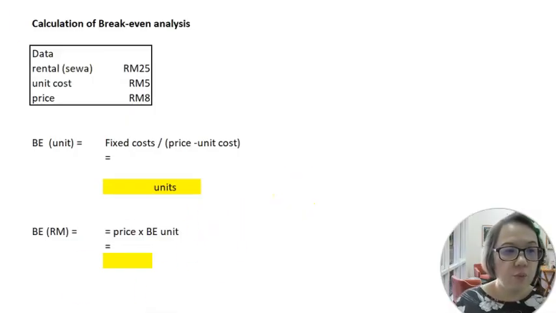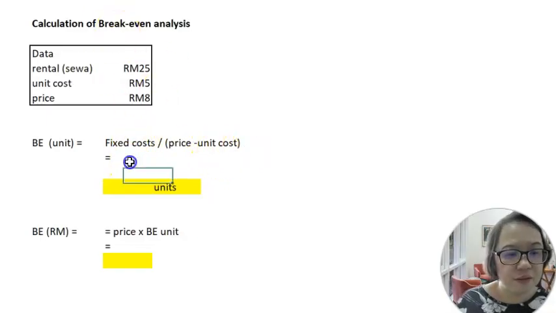So how to calculate the break-even analysis using mathematics? First of all, of course, you need the data. The data here is rental, 25 ringgit for example. Unit cost is 5 ringgit. The selling price of a product is 8 ringgit. So the formula is break-even unit equals fixed cost divided by price minus unit cost.